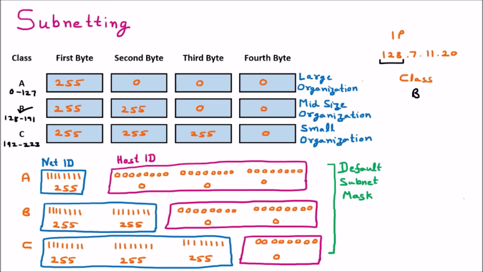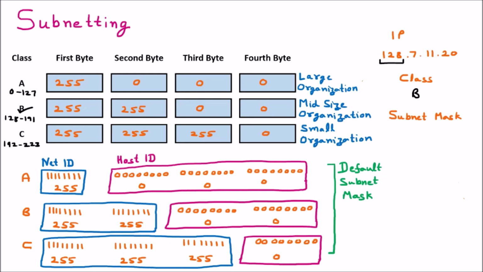Now our next question is to find out the subnet mask. We know that whenever we are going to divide the IP into small parts, let us suppose this is our IP and we want to divide it into small parts, then what will be the subnet mask that we are going to add on with this?